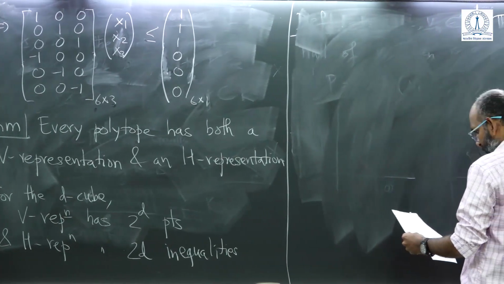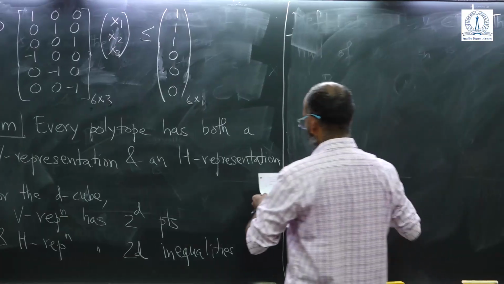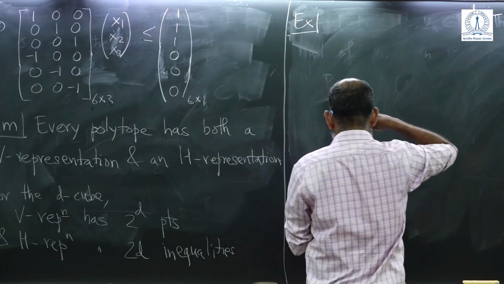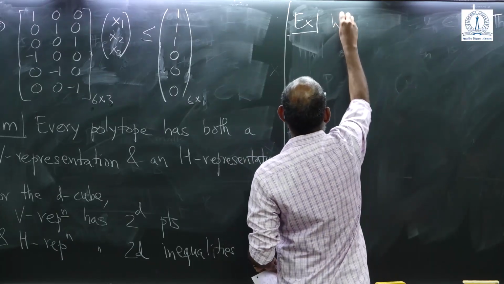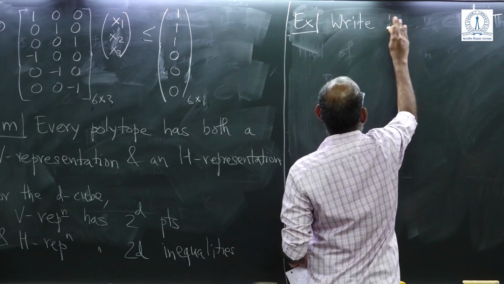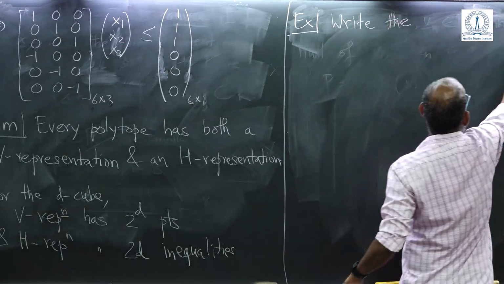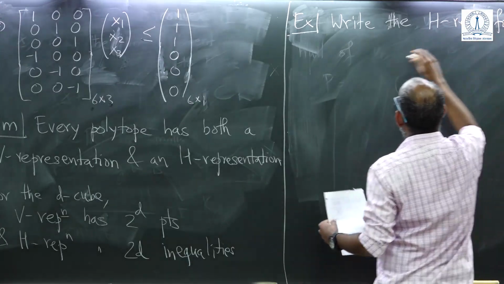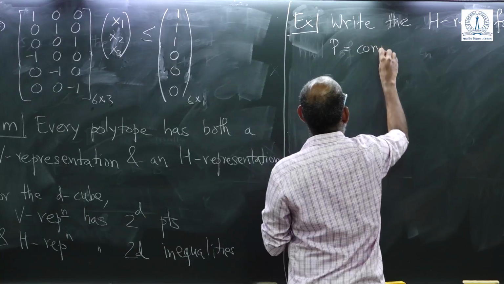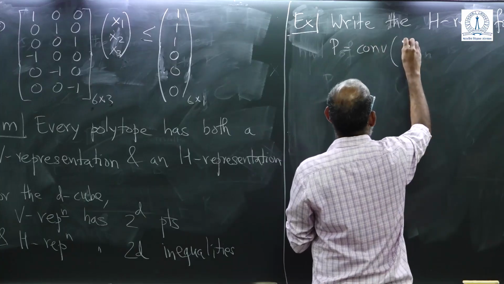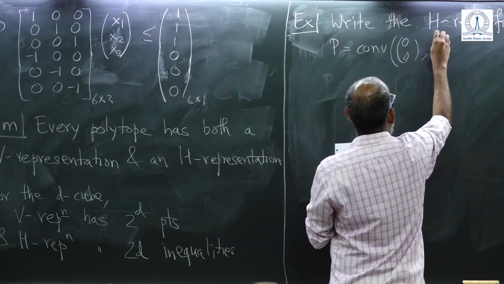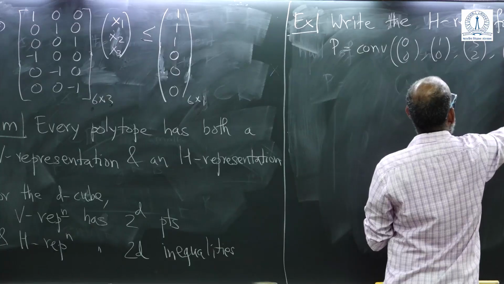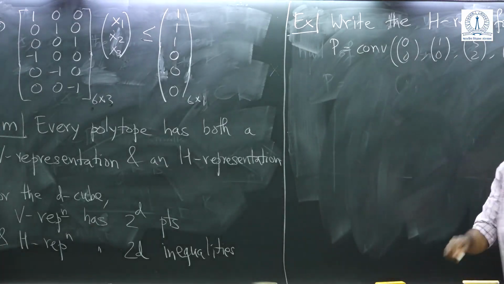Alright, so let's do one more example. Write the H representation for the polytope which is the convex hull of (0,0), (1,0), (3,2) and (0,2). Can you try?